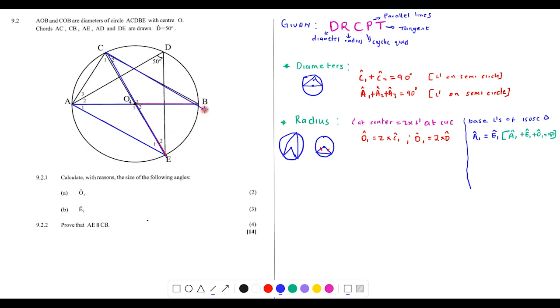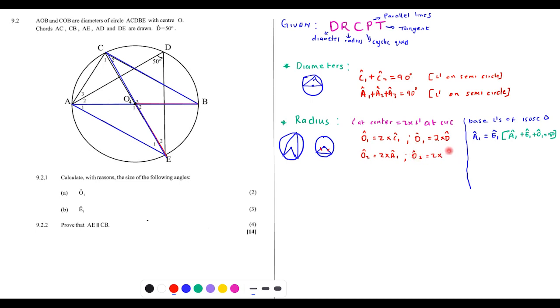There we go. So the second one then will be O2 is 2 times A1, and then again O2 is 2 times C2.